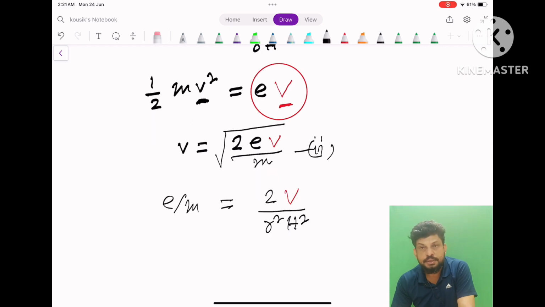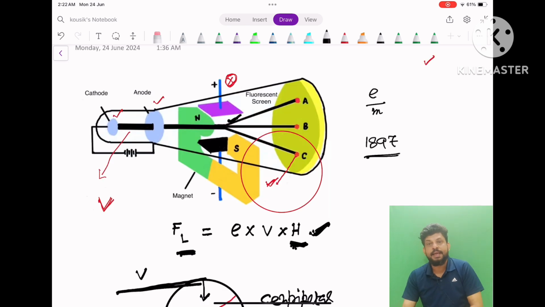J. J. Thomson did not adopt this method because he wanted to express the E by m value in a more convenient way. For this purpose, he applied an electric field so that the path of the electron does not deviate, that is, it hits at point B. So there is no revolution, no circular path of the electron.